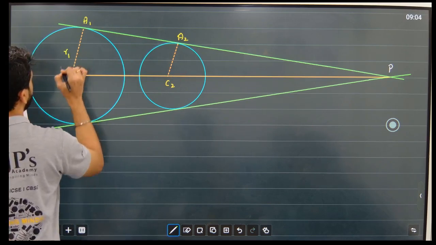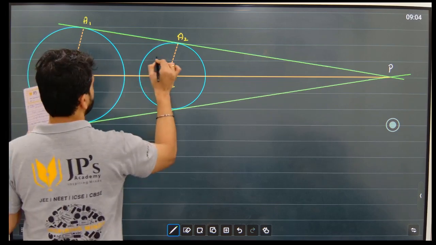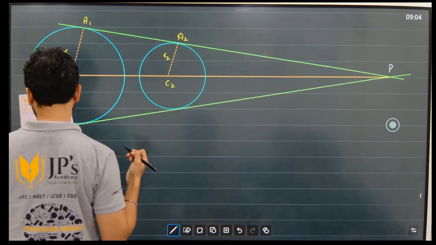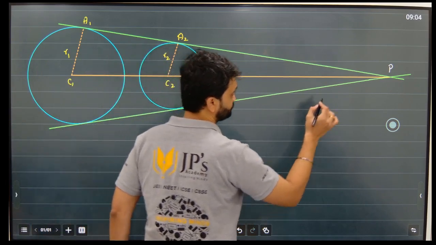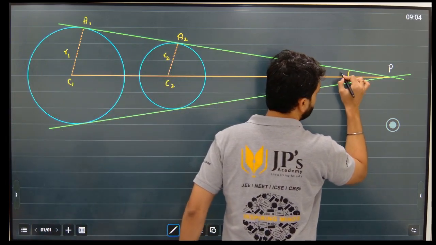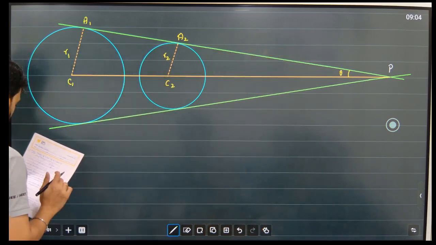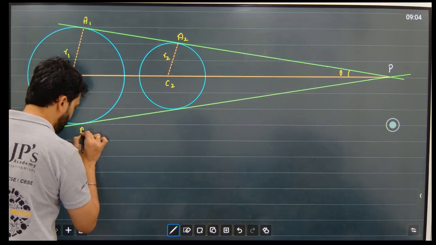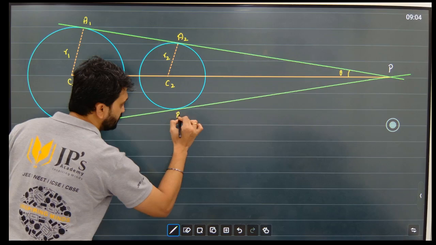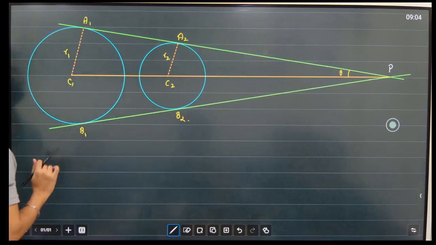This is the radius of the first circle, and this is the radius of the second circle. Now, this is theta, the angle between the two tangents. It is touching here at B1 and here at B2. So this is the data that is given to me.